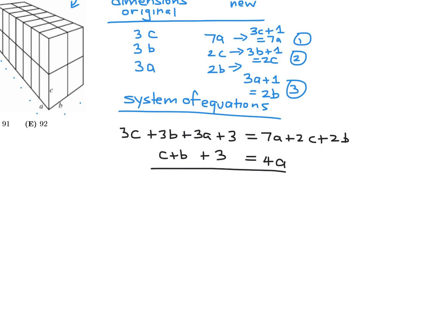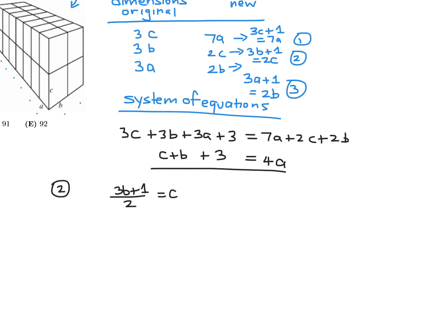I think I'll just do it the way I would normally do it, which is make everything in terms of one variable and then substitute into one equation. So from equation 2, we get that (3b plus 1) over 2 is c. I've isolated for c.